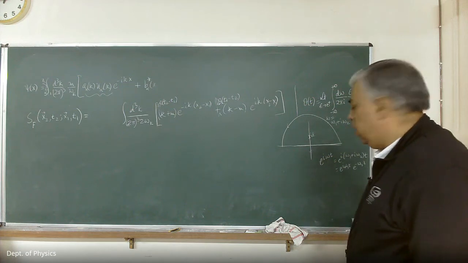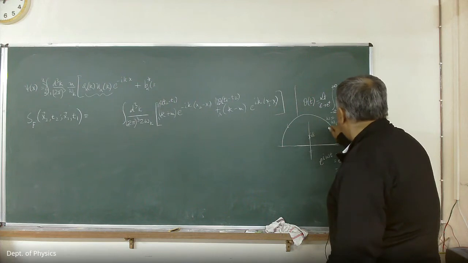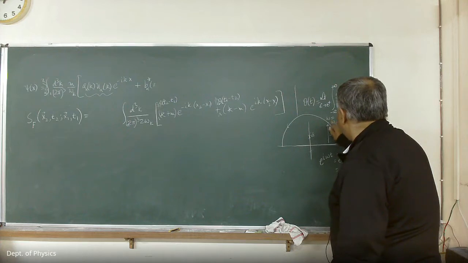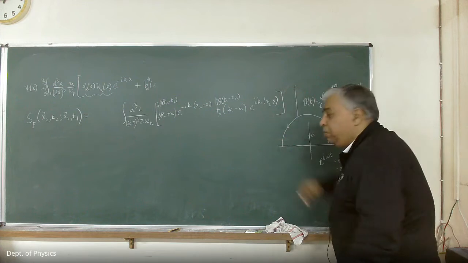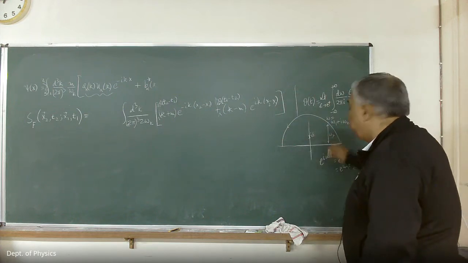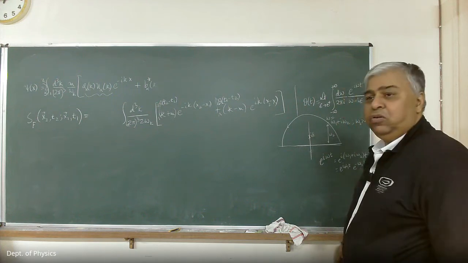As you go to bigger and bigger semicircular trajectory, omega 2 will go to infinity, so this term will collapse to 0.